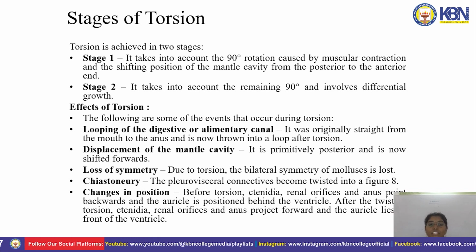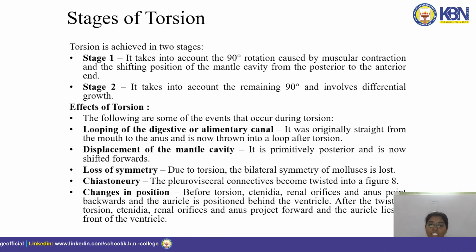Next, effects of torsion. The following are some of the events that occur during torsion. First one, looping of the digestive or alimentary canal. It was originally straight from the mouth to the anus and is now thrown into a loop after torsion. Second one, displacement of the mantle cavity.